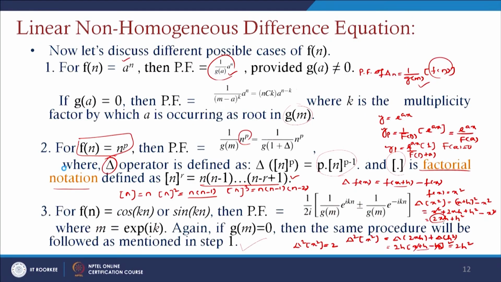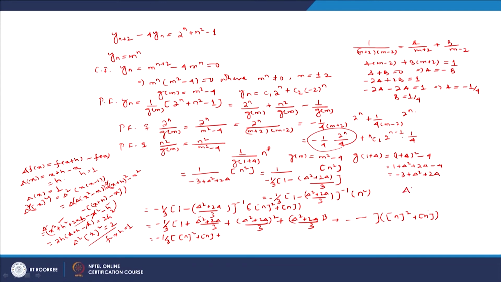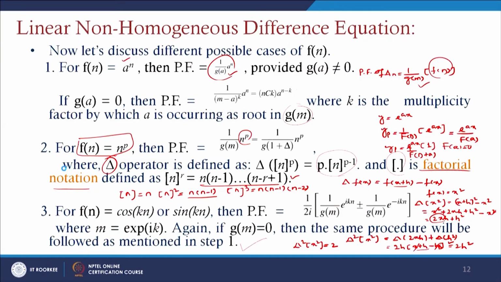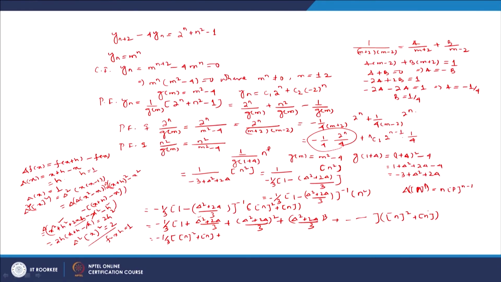In the same way, we can express delta of n to the power p as p n to the power p minus 1. So directly we can visualize that if delta square is operated on n square, the first operator gives you 2 n, then the second operator gives you only 2 here.